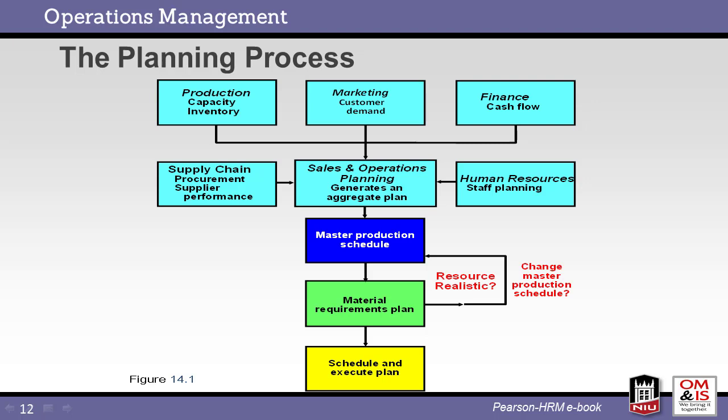The materials requirements plan is created from this schedule to identify the detailed build requirements for subassemblies and components. The plan also verifies whether the master production schedule is realistic. The master production schedule may need to be adjusted. Finally, once the material requirements plan is finalized, schedules and execution plans for the production work centers are created and published.